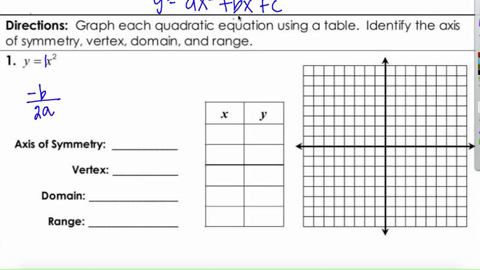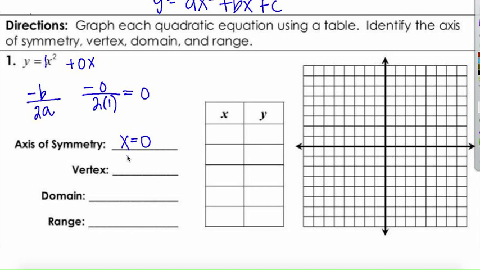Since I don't have an x, I know that that was plus 0 times x. So this is going to be negative 0 over 2 times 1. So it's just going to equal 0. So our axis of symmetry is x equals 0.